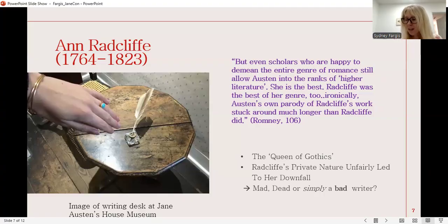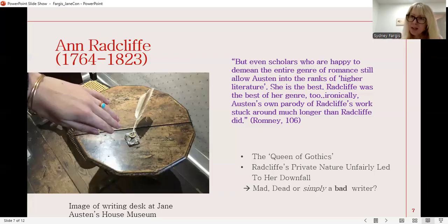Radcliffe didn't invent the genre, but she's the reason why it became popular, which is often why, in this literary world of sleuthing, we would consider her to have really birthed what moves forward into eventual popularity.